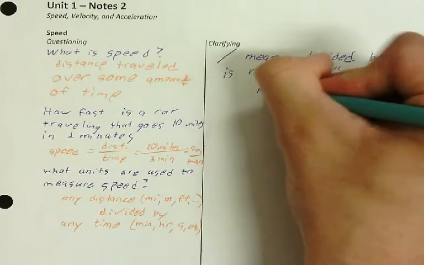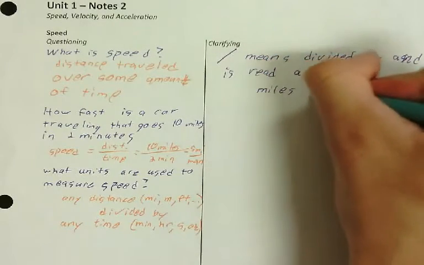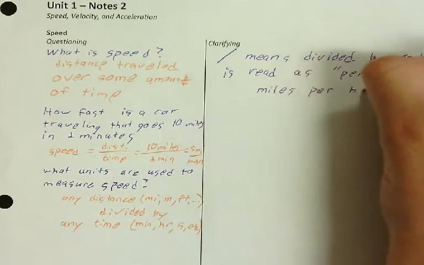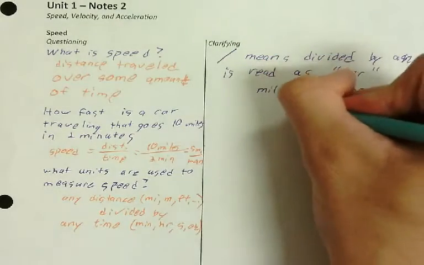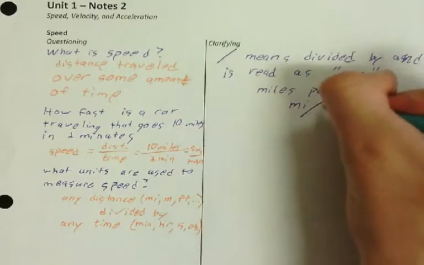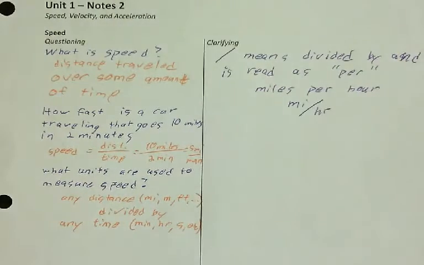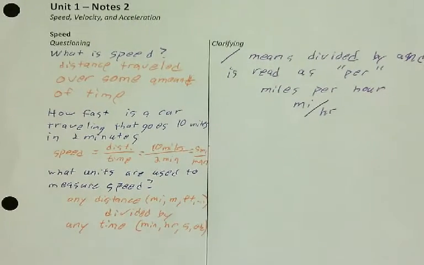So miles per hour would be miles divided by hours. So things that I think people might be confused on. I was not confused on that, but I could see why someone would be confused on that. I could see how that would be hard for somebody.